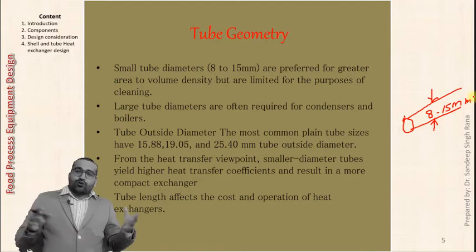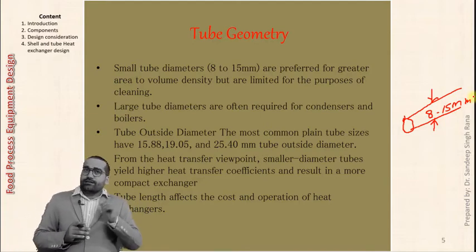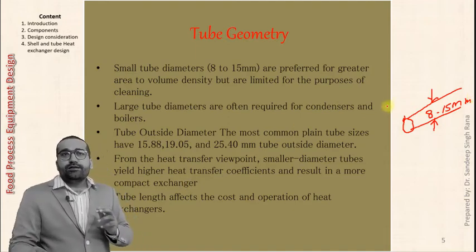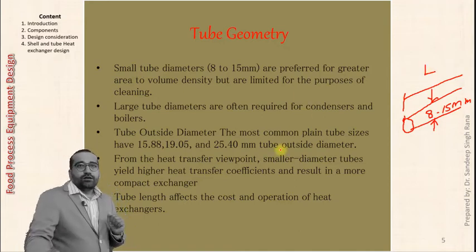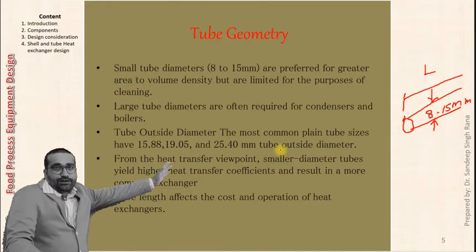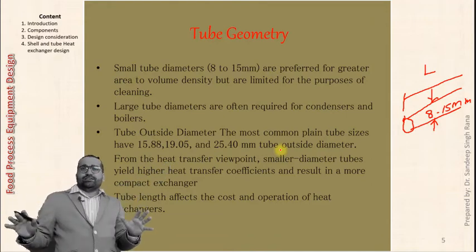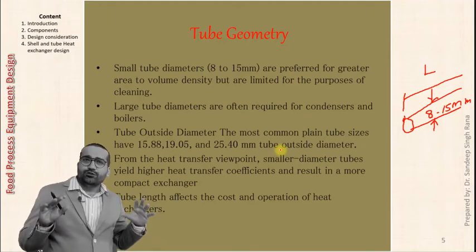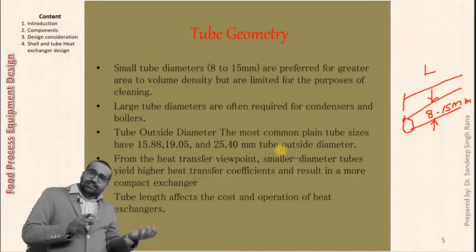So we have talked about the diameter. Now another important component in designing the tubes is length, L. When we talk about length, there are usually standard lengths for tubes inside the shell and tube heat exchanger because it will facilitate the design process.